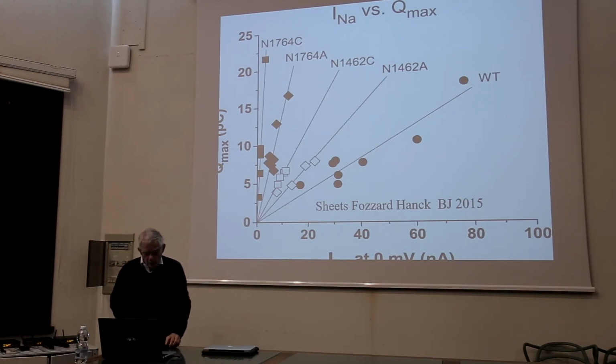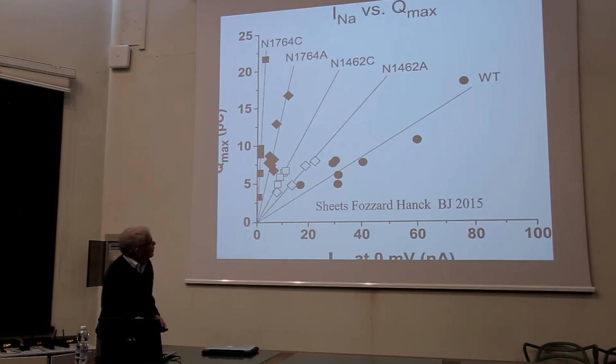The channel won't open, and that's indicated here by the fact that the sodium current disappears. You see that it's very small, while the charge movement remains unaffected. So how does one explain that?